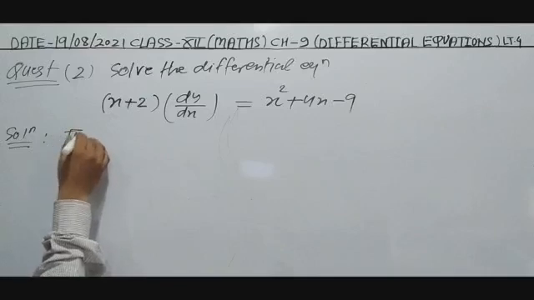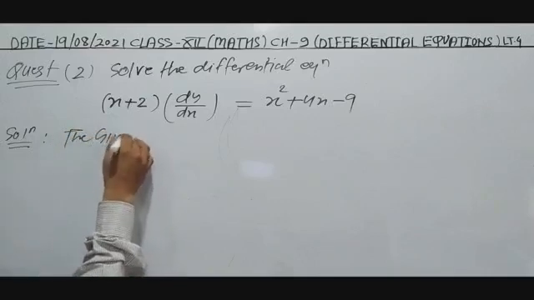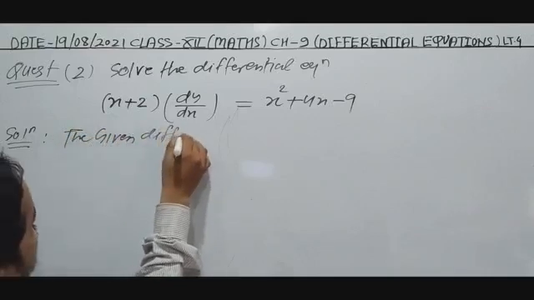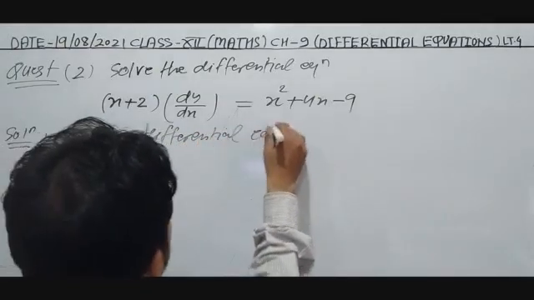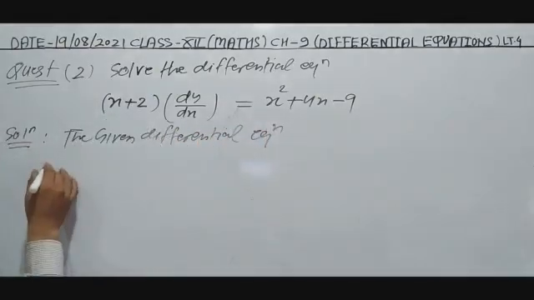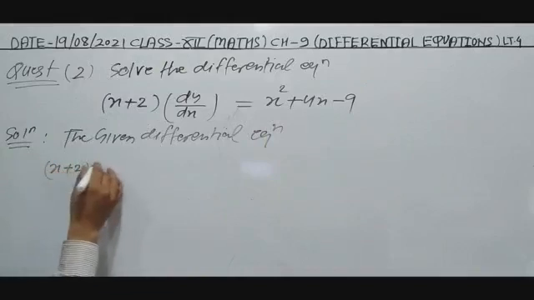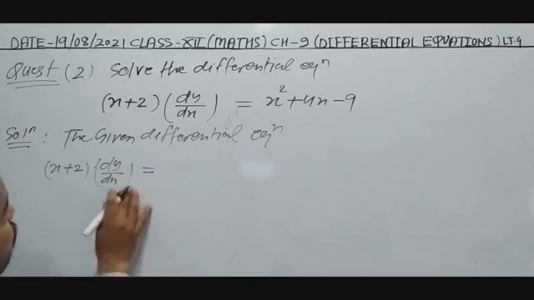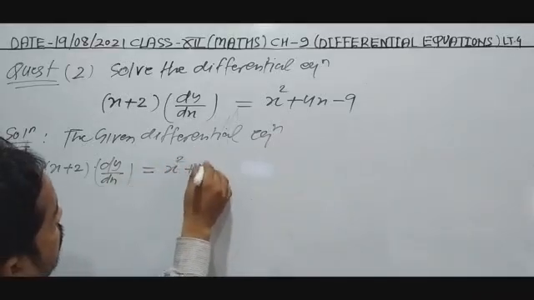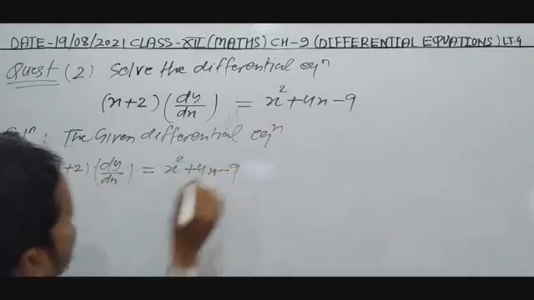the given differential equation (x + 2) dy/dx = x² + 4x − 9.